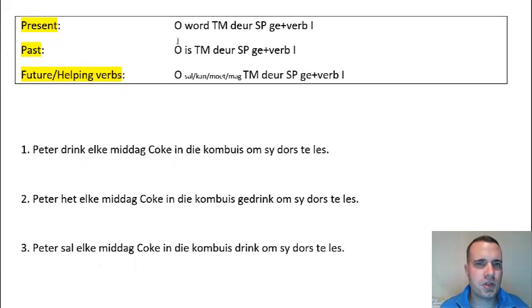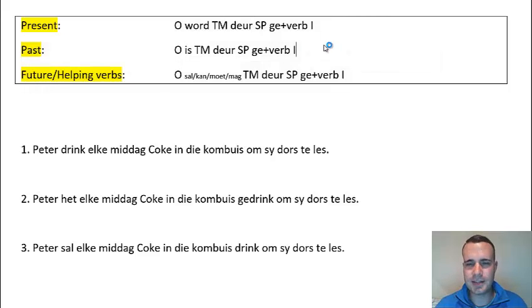Okay, so if you look at this, and this is my advice, this is my tip on how to make this a bit easier. If you look at these three formulas, the present tense, the past tense, and the future tense formulas, this is what they look like.